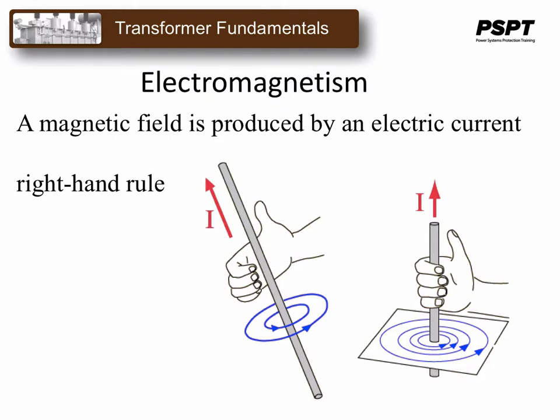The direction of the magnetic lines of flux are given by what we call the right-hand rule. If we place our right hand on the conductor and your thumb is pointed in the direction of the current flow, then the magnetic field forms concentric circles in the direction of your fingers, as demonstrated in the diagram here.